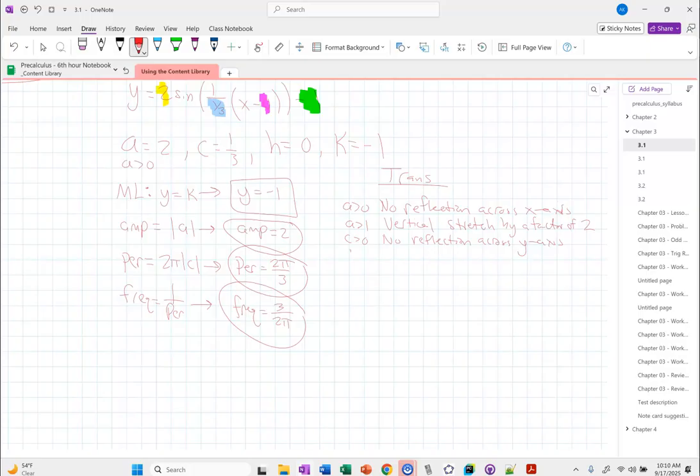And because my C is between -1 and +1, I have a horizontal shrink by a factor of 1/3.